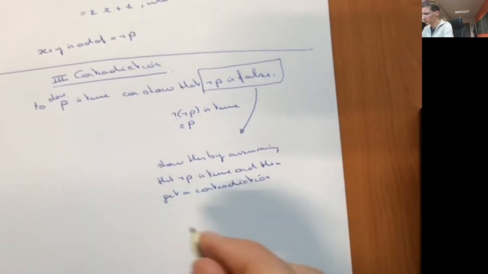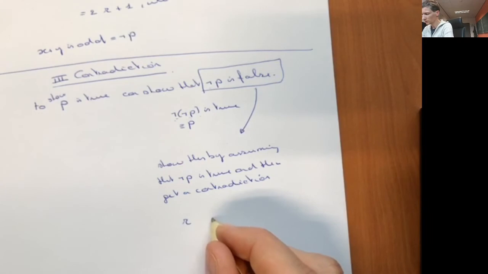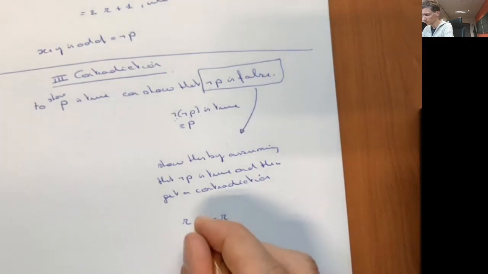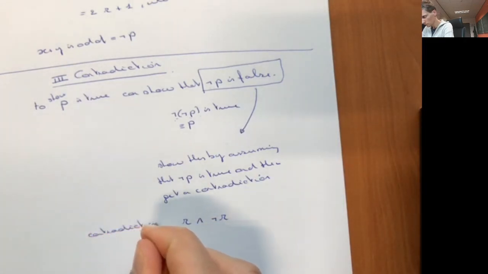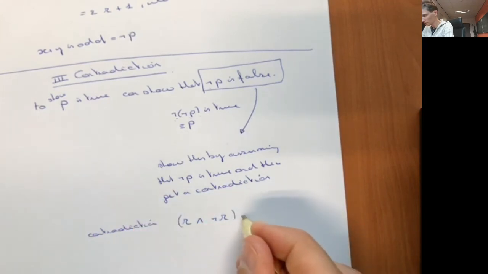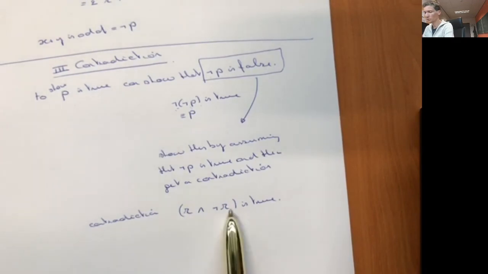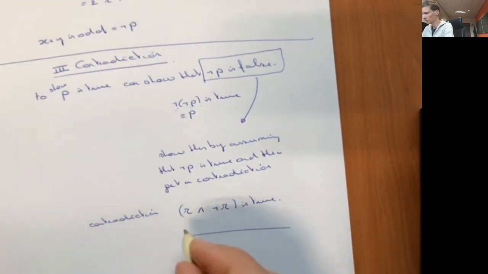You get a contradiction when you show something, let's call this formula R, and you also show that negative R. A contradiction is when you show that both R is true and negative R is true. Once you have shown that the formula is true and also its negation is true, then you have a contradiction. So why is this the case?